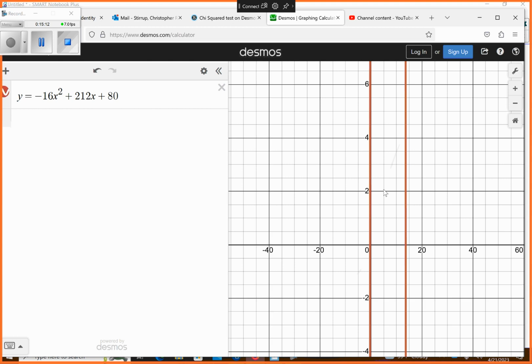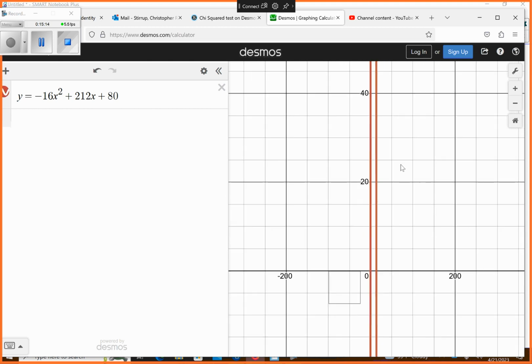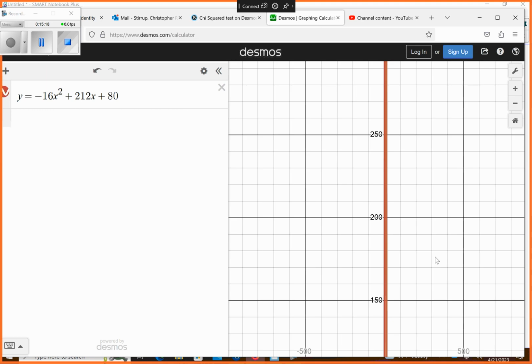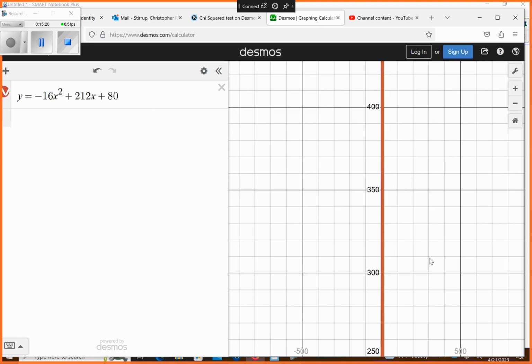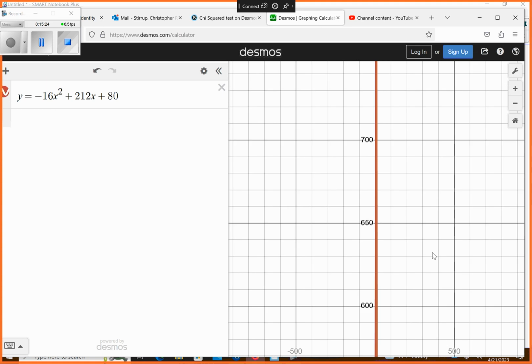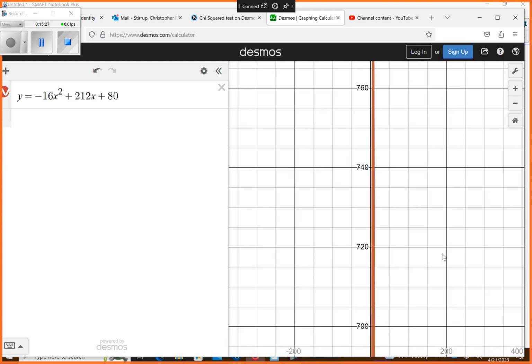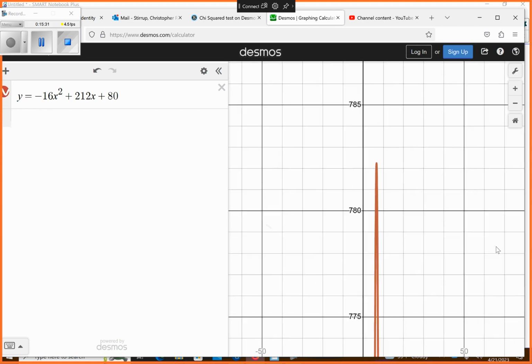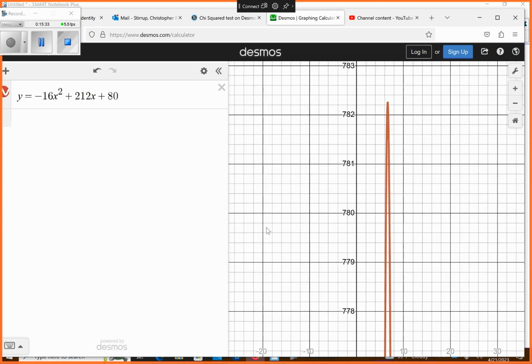Okay. So I can kind of squish this down and say, here's the neat thing that Desmos could do with you. This is my parabola. I got to find the top of it somewhere up here. Can you see the parabola?